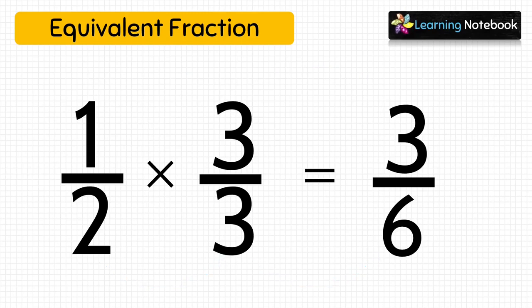So 3 by 6 is another equivalent fraction of 1 by 2. So in this way, we can find more equivalent fractions of 1 by 2 by multiplying numerator and denominator by same numbers like 4, 5, 6 and so on.